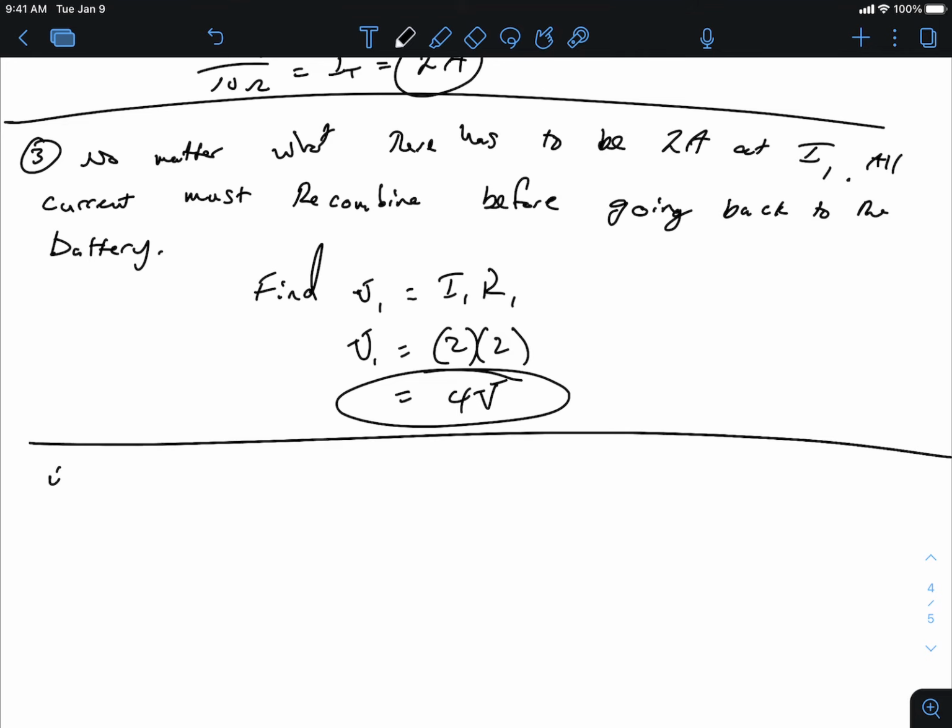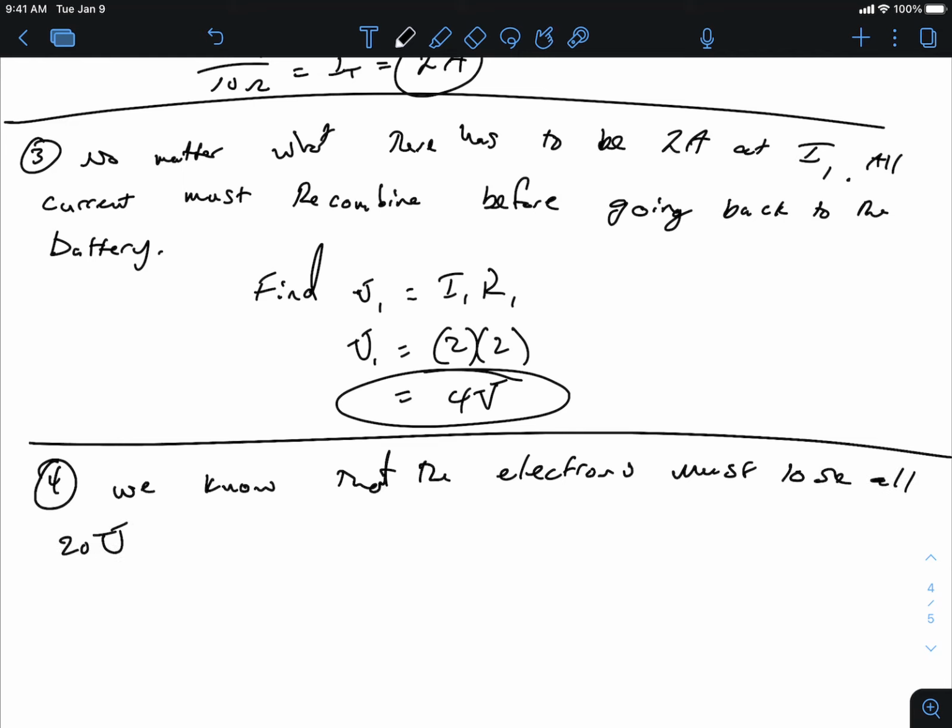Okay, from here, and some of this is me putting Kirchhoff's laws into real words, right? We know that the electrons must lose all 20 volts of potential they start with, right? So we know that they're all going to lose 4 volts at the very end, at, we'll call it R1, right?